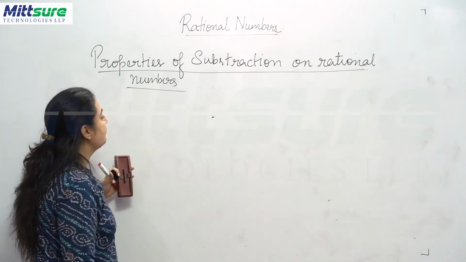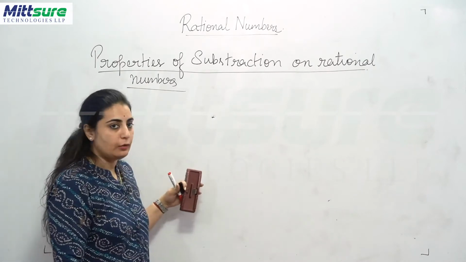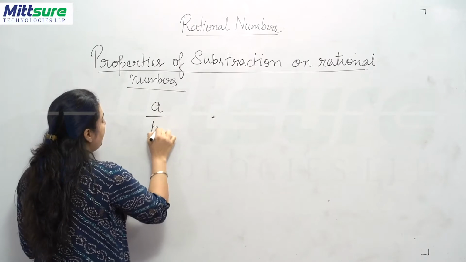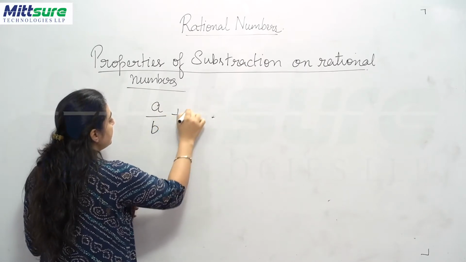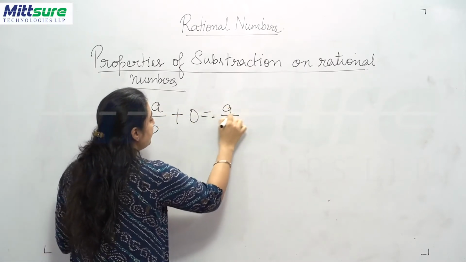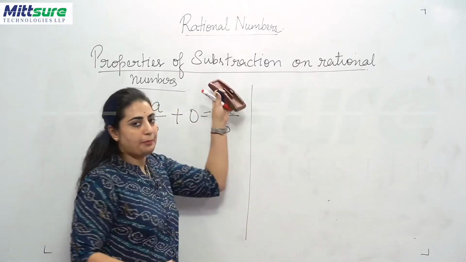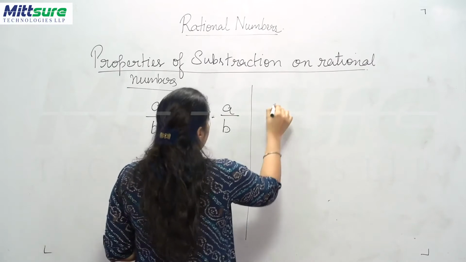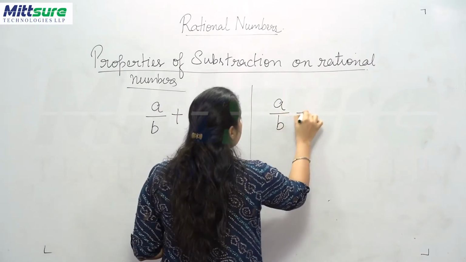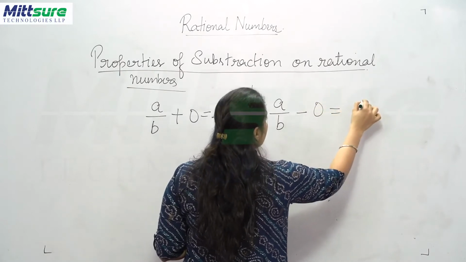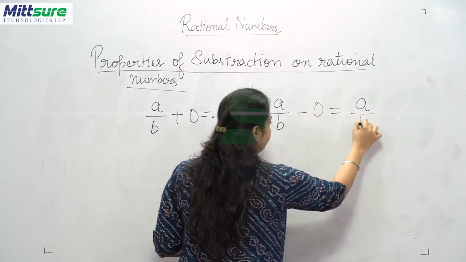In the additive identity of 0, a upon b plus 0 will always give you a upon b. The same thing is in the property of subtraction: a upon b minus 0 will give you a upon b.